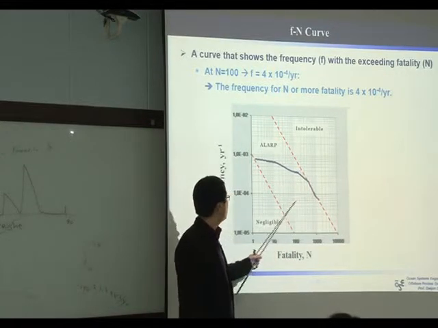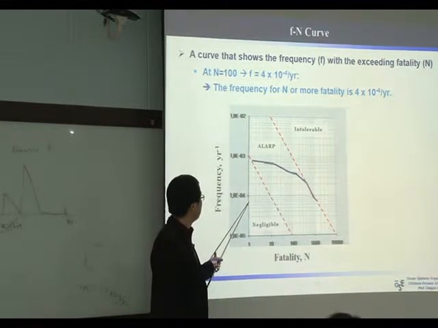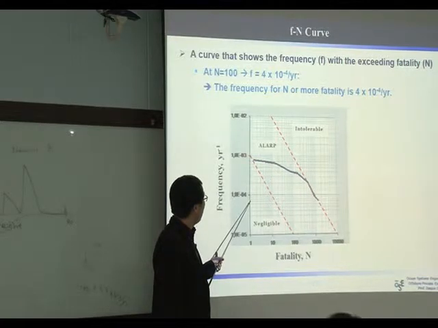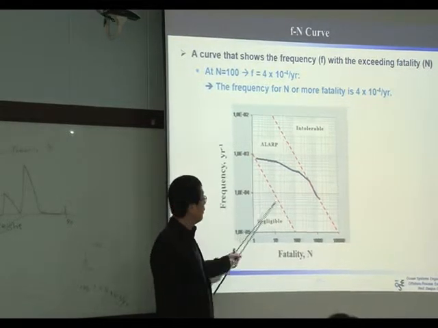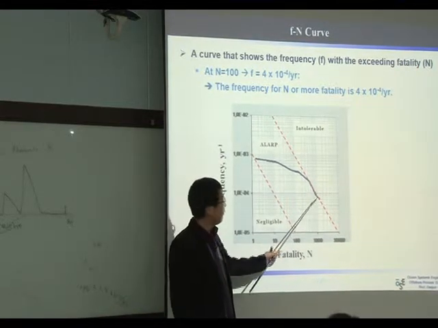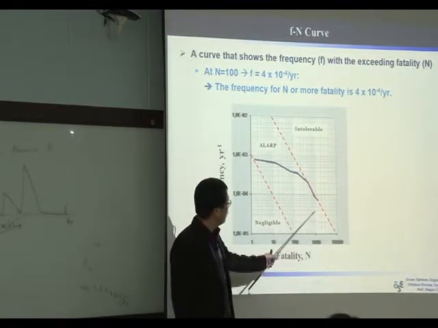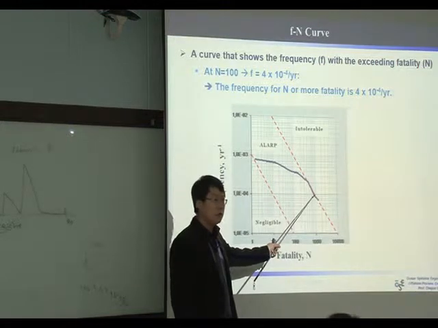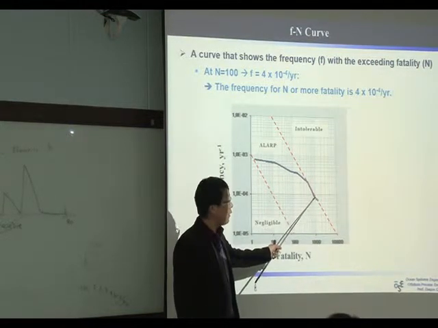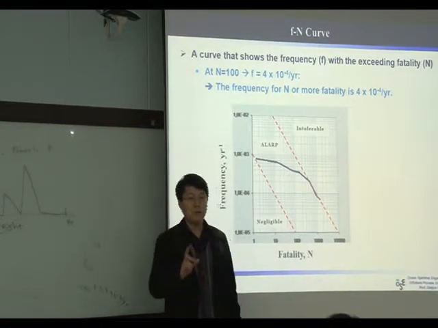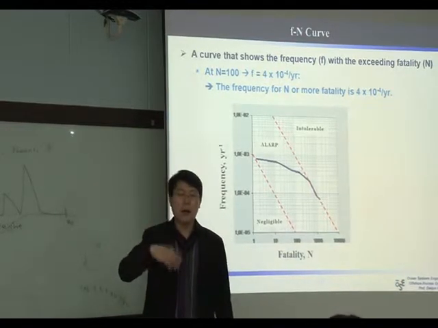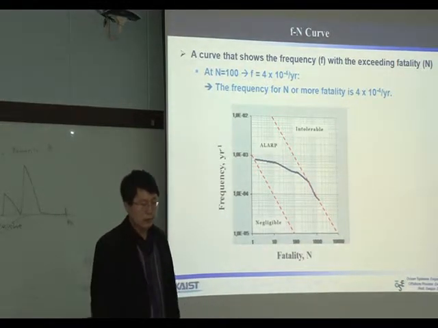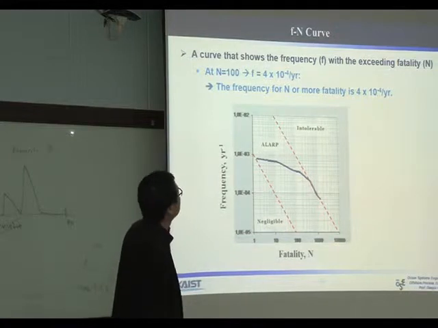The frequency is 7 times 10 to the minus 5. There is another frequency here, so we can estimate the difference and the change in how the events are distributed.